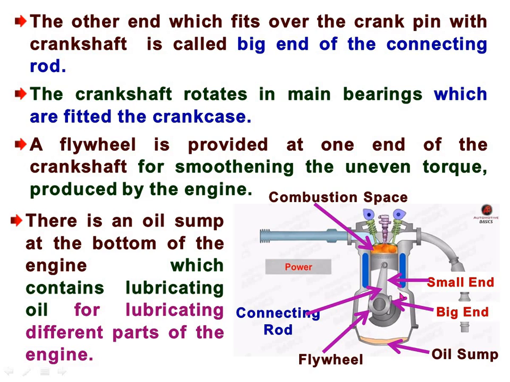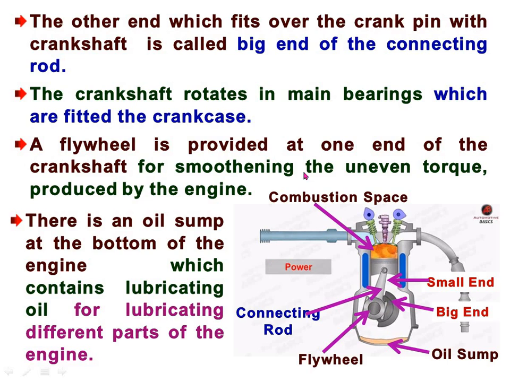For supporting the frictionless rotation of the crankshaft, there is a crank bearing in the crankcase. So over this bearing, the crankshaft rotates freely, and there will be minimum friction by using the ball bearing in the system.